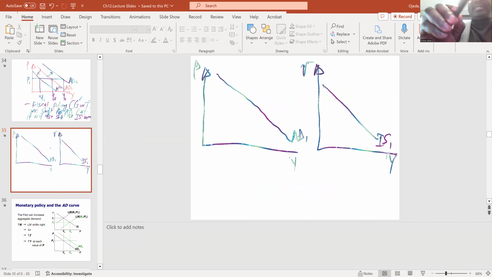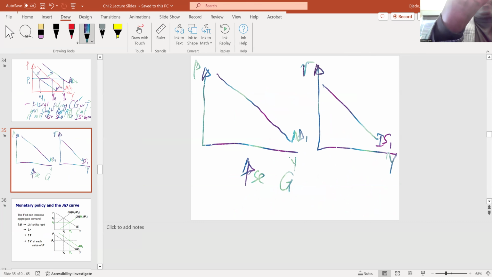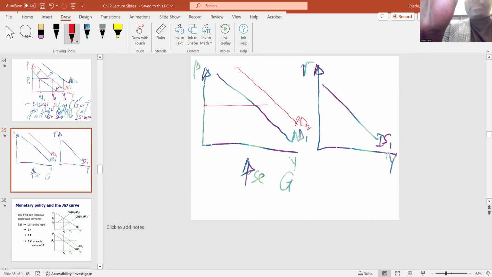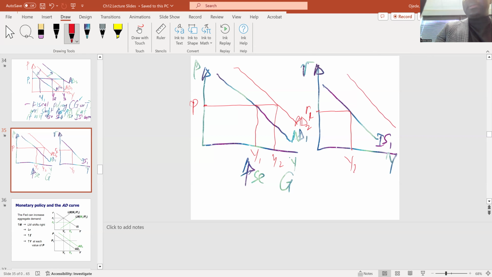All I'm saying is that when you increase government spending, the aggregate demand curve shifts to the right, to AD2, at a constant price P. This was your initial output, Y1, then Y2. In the IS curve, an increase in government spending shifts the IS curve to the right as well, to IS2. See that?